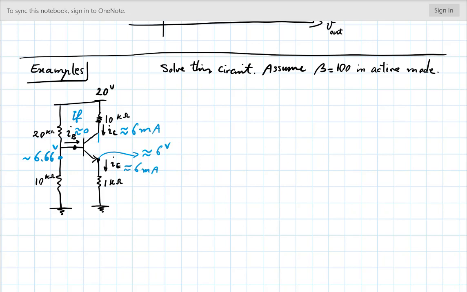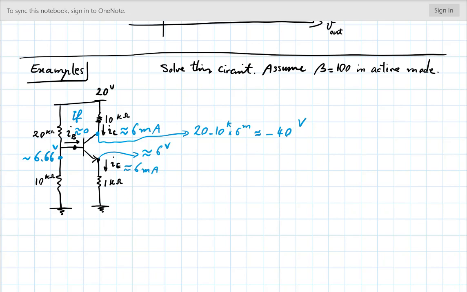And finally, this voltage there, what is this node voltage? 20 minus 10K times 6 milliamps. All right, so I came up with an approximate solution.